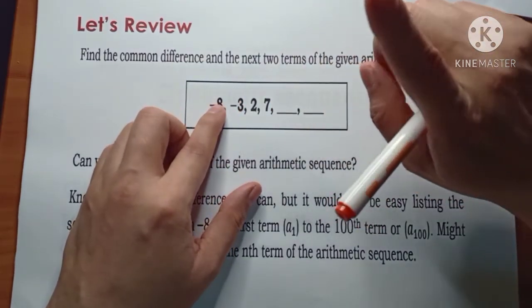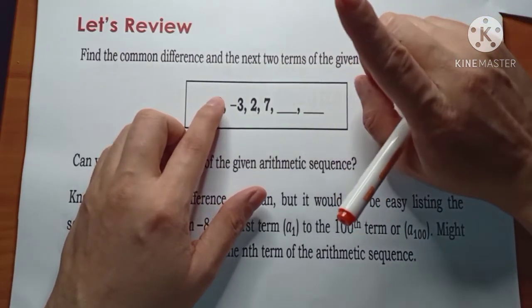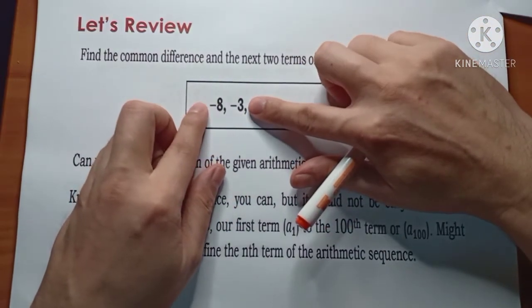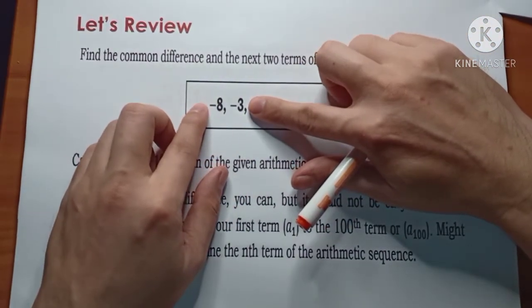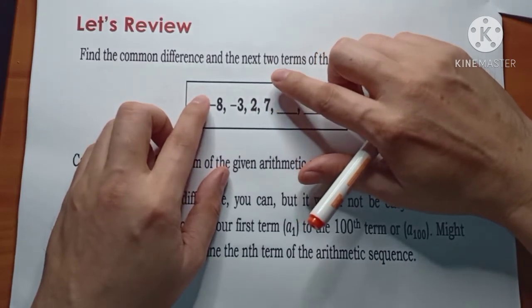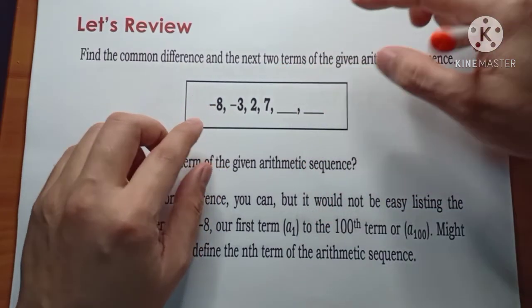Para mas mapadali, dun ka na lang sa mga positive para hindi ka mahirapan. Pero pwede namang unahin natin yung parehong negative. Pero much better na kumuha ka ng mas madali na mga positive numbers lang kasi makuha natin kaagad yung common difference.